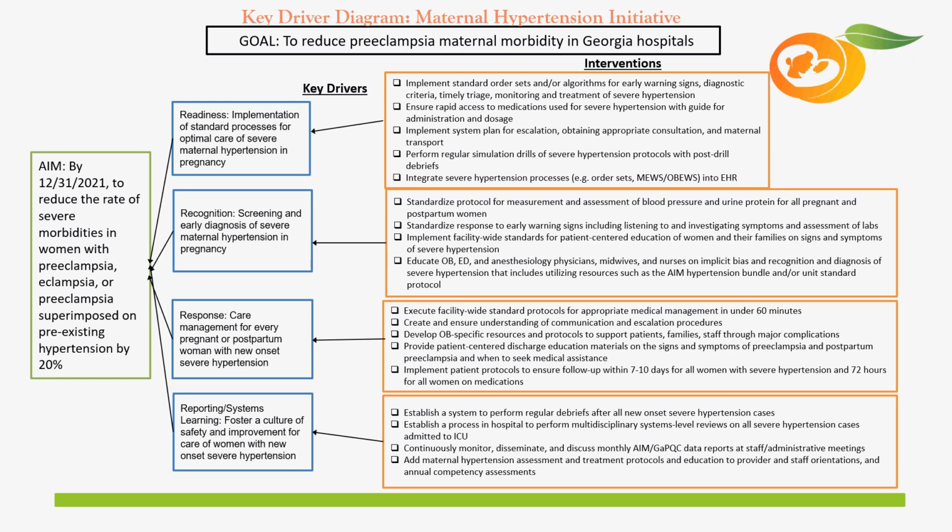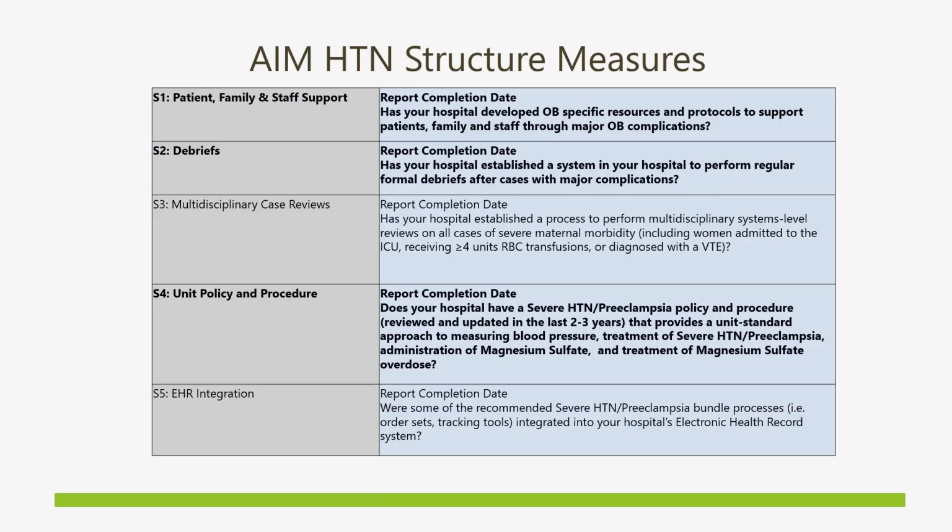So I want you to be familiar with this key driver diagram and look at the interventions that we're implementing, and to just become familiar with this and share this with your colleagues and your staff in your facilities. This is what we want to accomplish as an initiative. So please become familiar with it, and if you have any questions or if you have any comments, please do go ahead and ask.